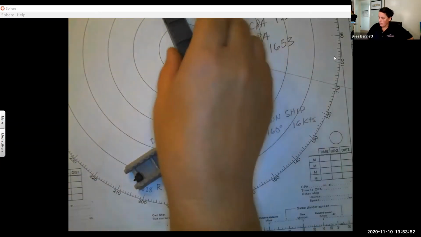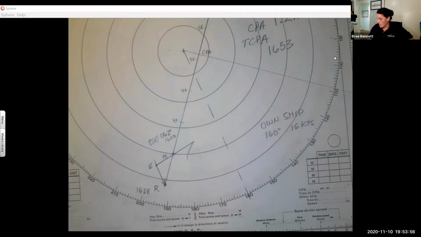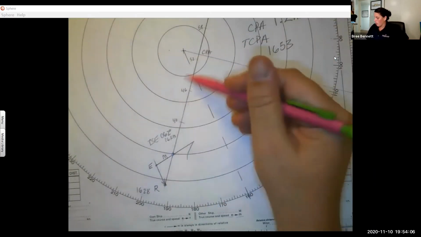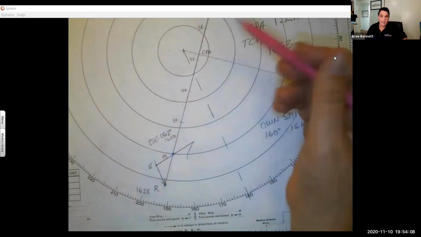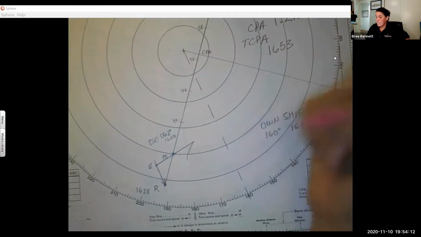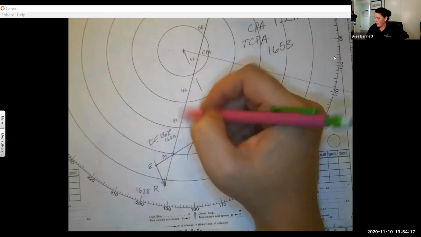So in our standing orders, they told us that we had an MX of 6 miles and a CPA of 2 miles. So our 2, 4, 6, 8, 10, 12 are already range rings on here, so that makes it a little easier for us. So at 6 miles, so there's 0, 2, 4, 6.